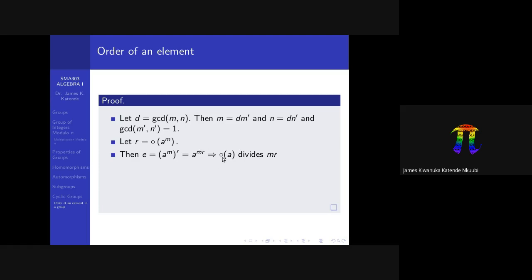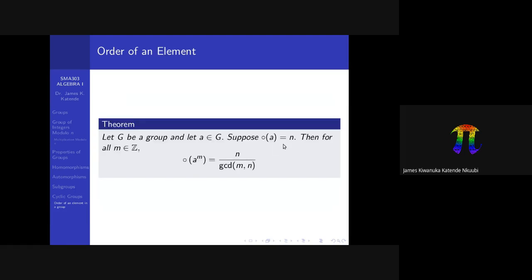So we can make this statement that the order of A must divide MR. And note the difference: here it's the order of A we are referring to, but R is the order of A raised to M. Don't mix the two. The order of A is fixed as N. If you go back to the theorem, you will see that we had fixed the order of A to be equal to N.